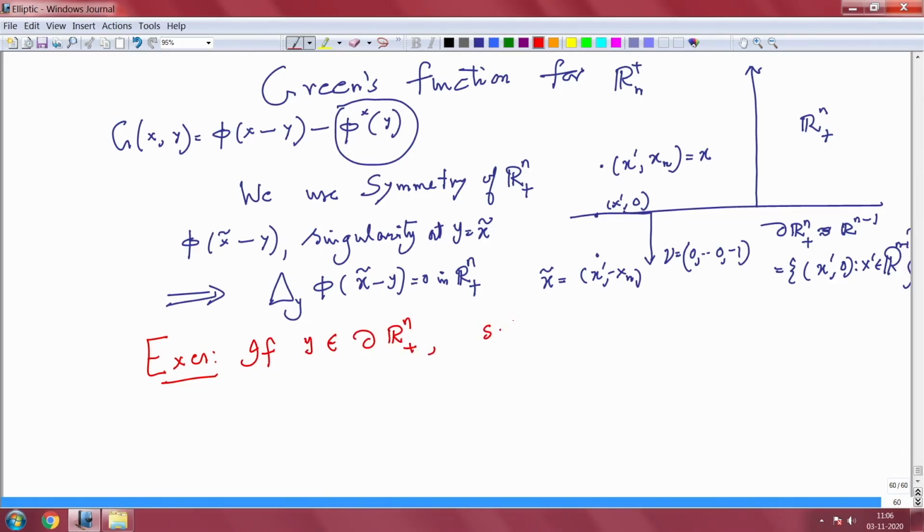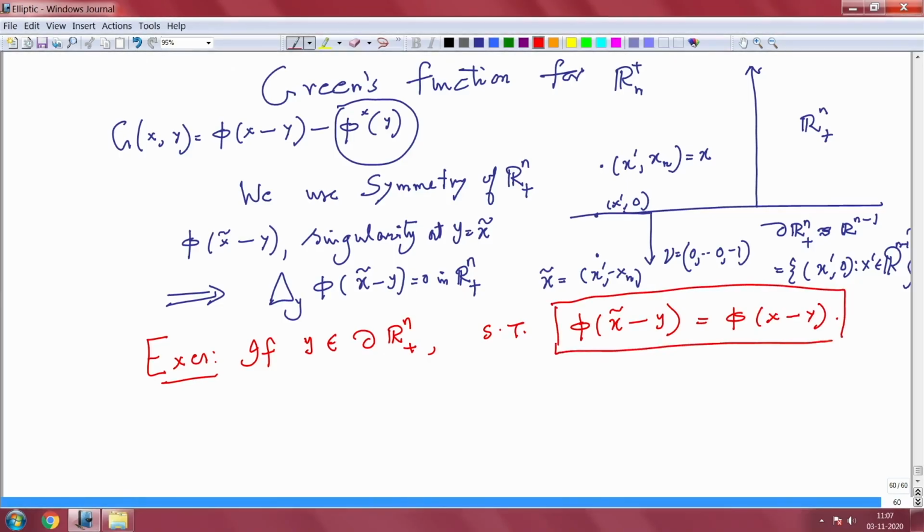Just write it down, but it is better to do it once if you are learning for the first time. Then phi of x tilde minus y, you have to be careful, the y n term is 0, so this will be the same as phi of x minus y. So just use the symmetry to do this.